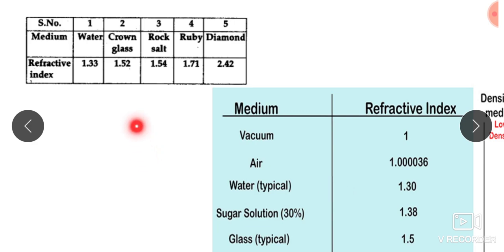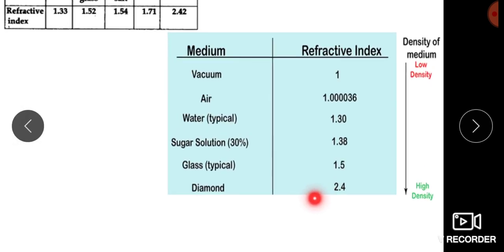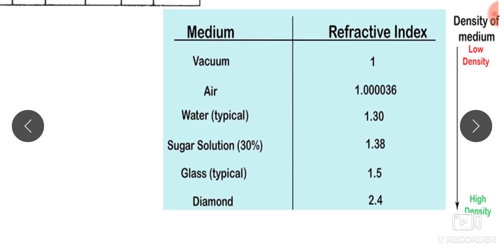Now see, when we are talking about the medium and refractive index values, we take the low density at the top, and high density in rising sequence. If you see vacuum to diamond, the value of refractive index gradually increases to reach 2.4.